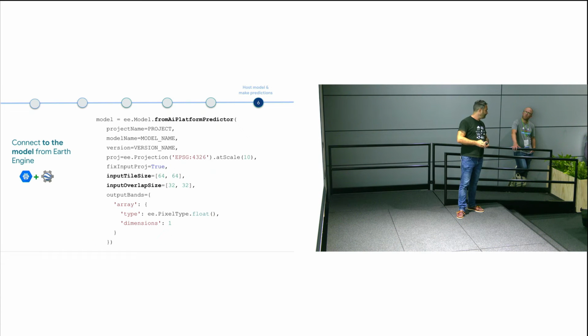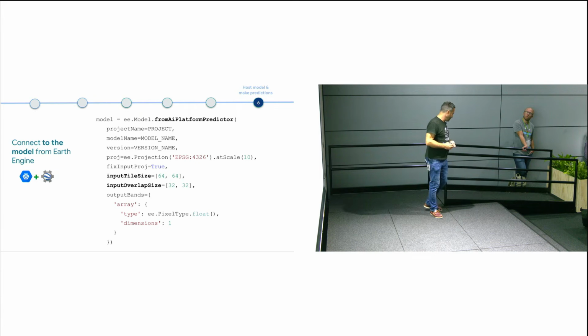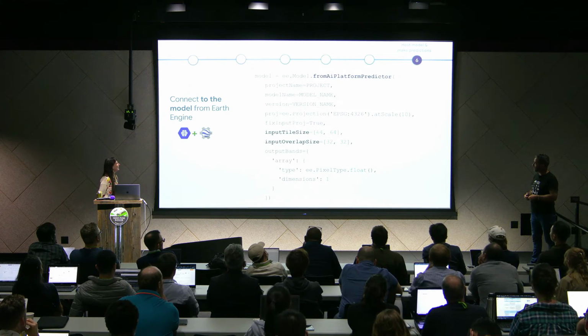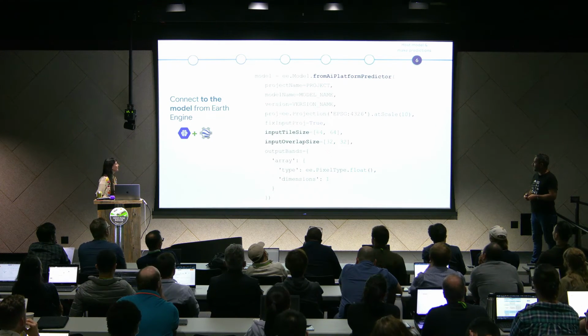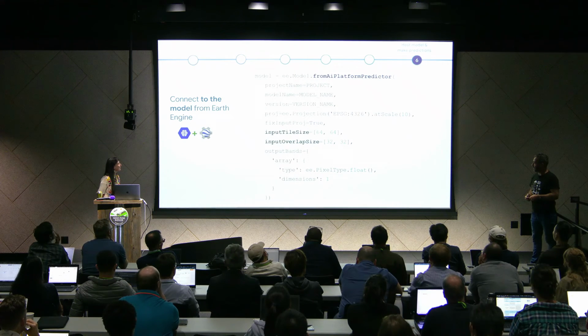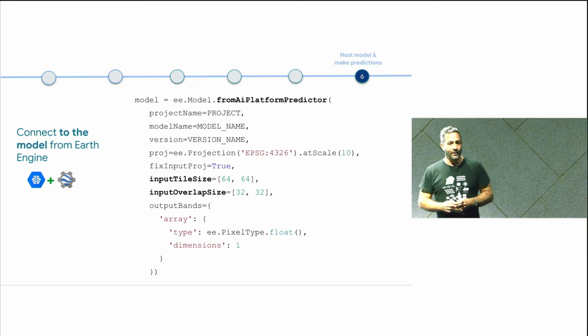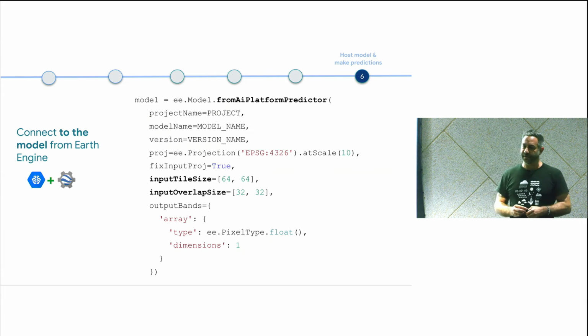Then you connect to it using this Earth Engine connector in the client library, ee.Model.fromAIPlatformPredictor. Now, the important thing with this is, well, I tried to bold the important things, but really all this is important. First, you specify the project, the model name, and the version name. Then you choose a projection for your input data, and you set fix input projection to true. Why do you do this? The reason is that when you've sampled your training data, you've chosen a scale and projection.